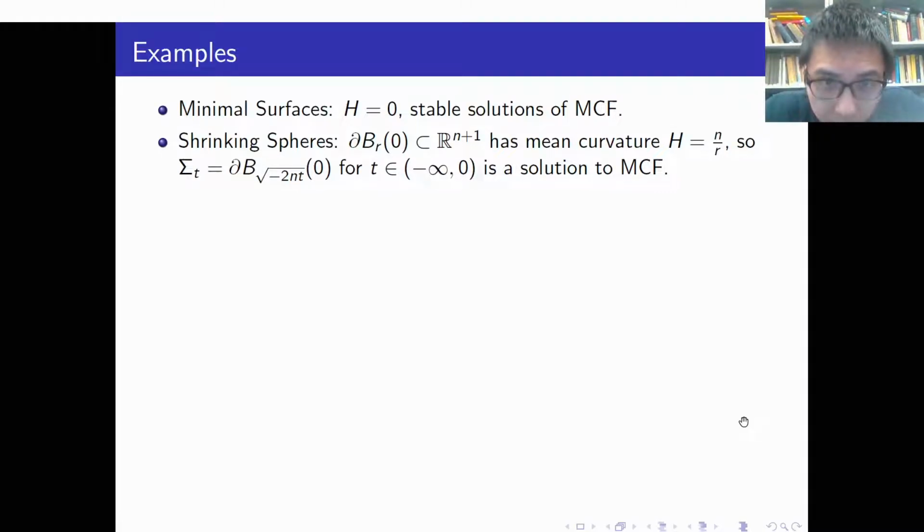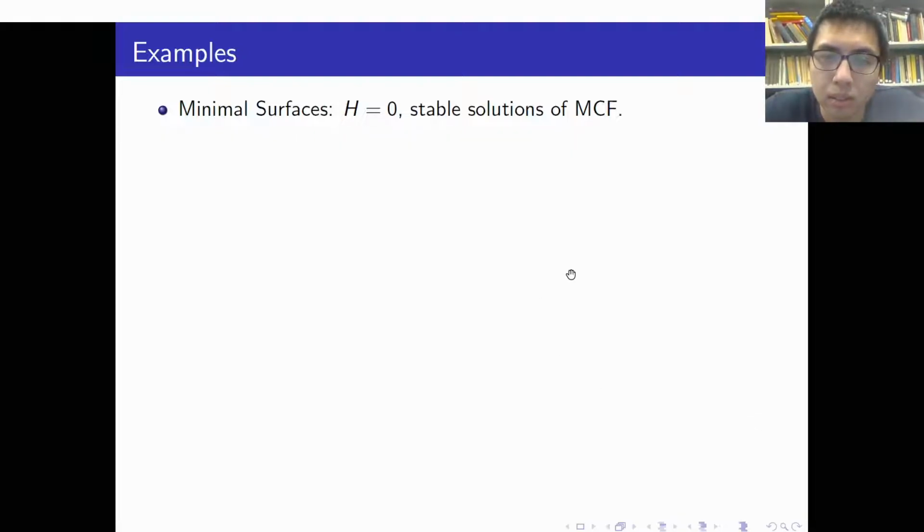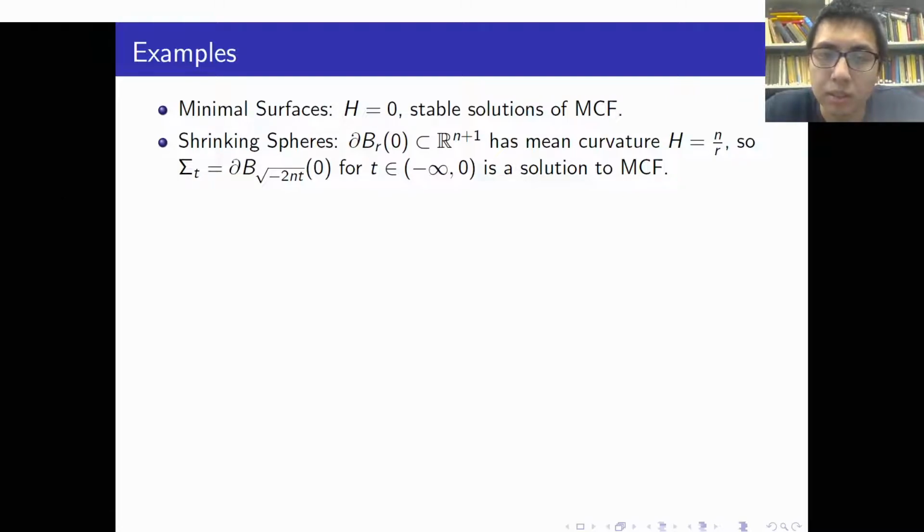The sphere of radius r in R^{n+1} has mean curvature n over r, so Sigma_t equals the sphere of radius square root of minus 2nt, with t in negative infinity to 0, is a smooth solution to the mean curvature flow.